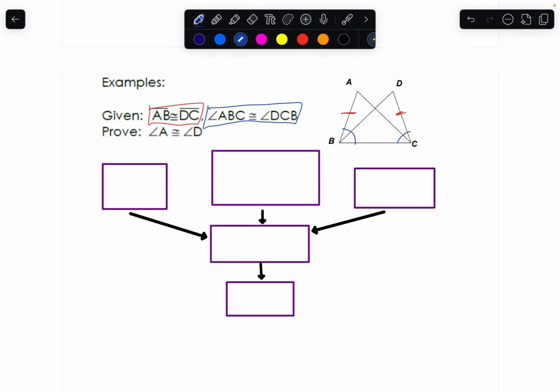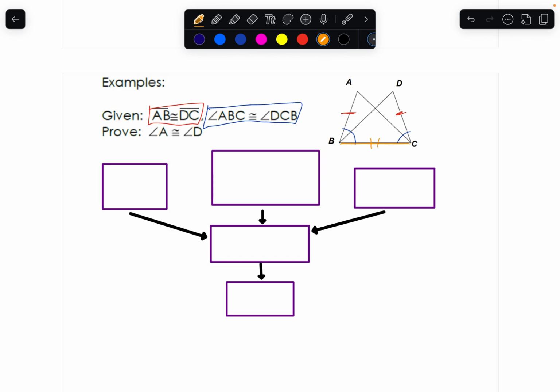Checked. So we have two parts congruent. I already told you that you need three parts. So look at this one over here. You see this? This is reflexive. BC is congruent to BC.